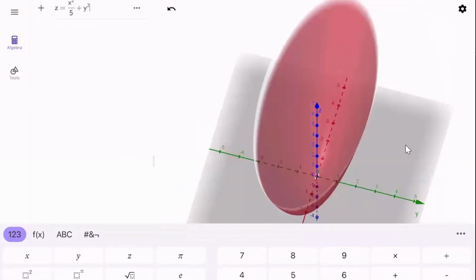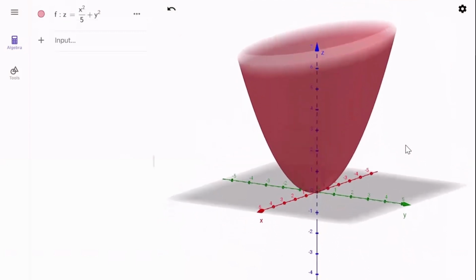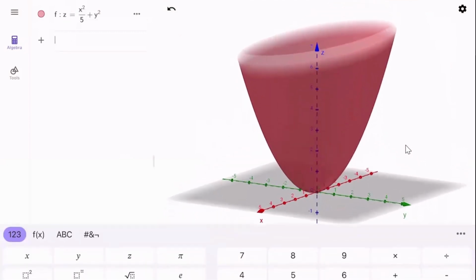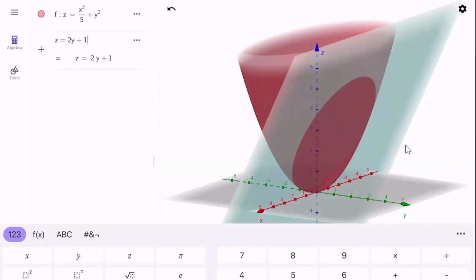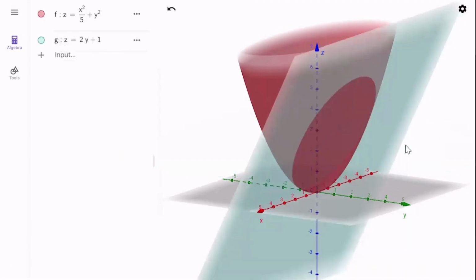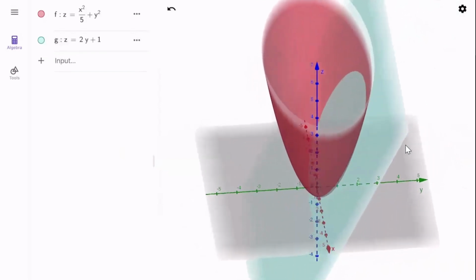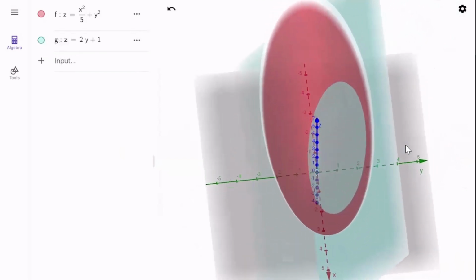So that was our paraboloid right here. Then the next surface we had was the plane, z equals 2y plus 1. So that's the plane. So we can see the curve of the intersection is an ellipse.